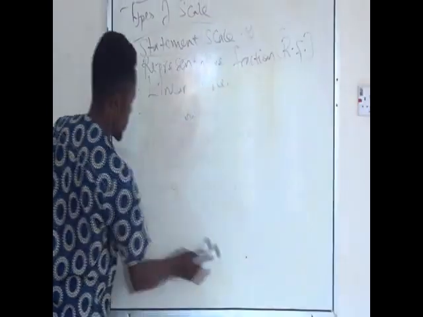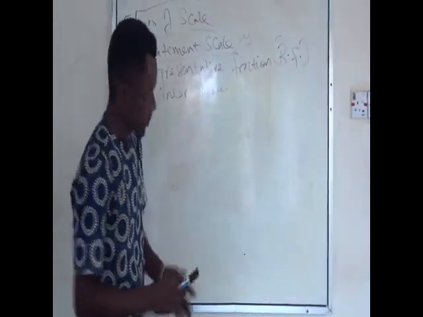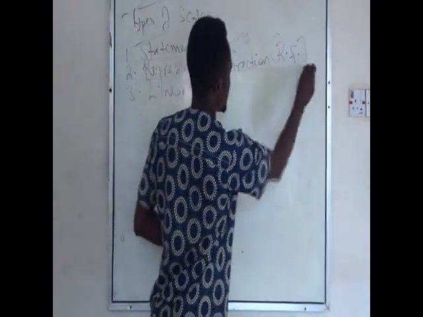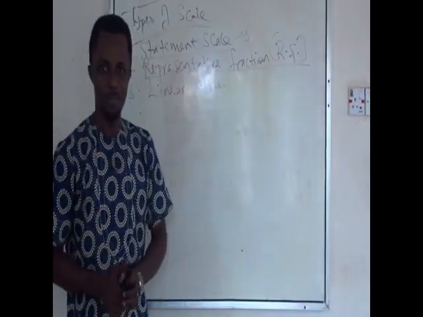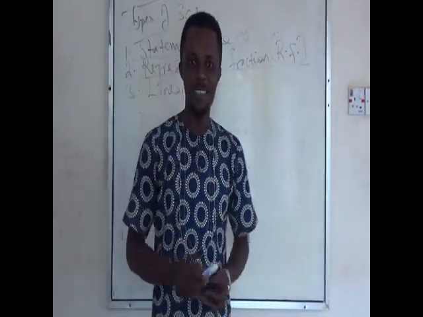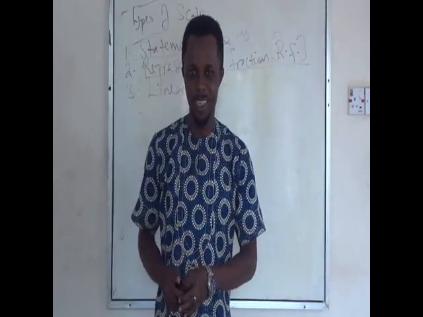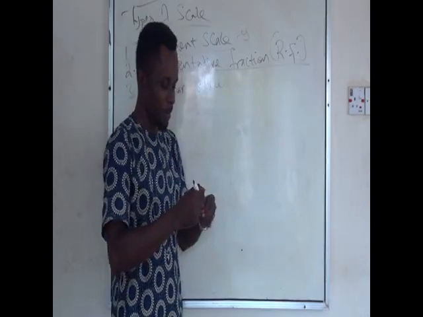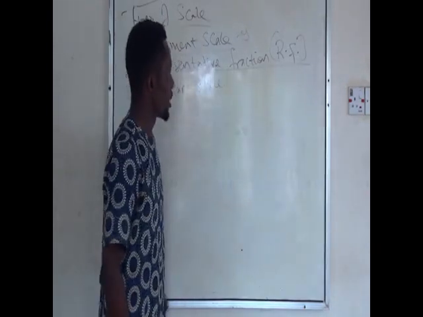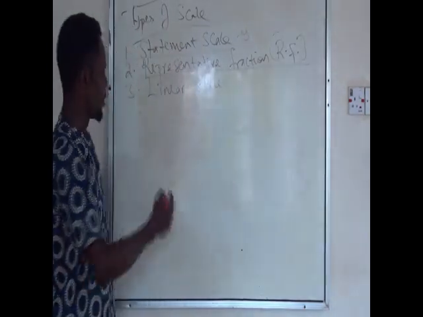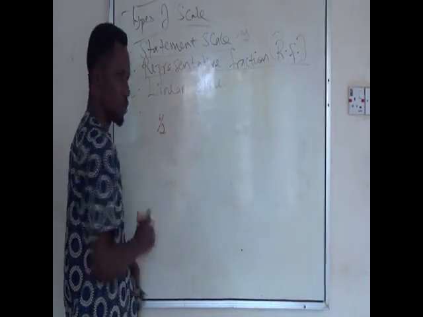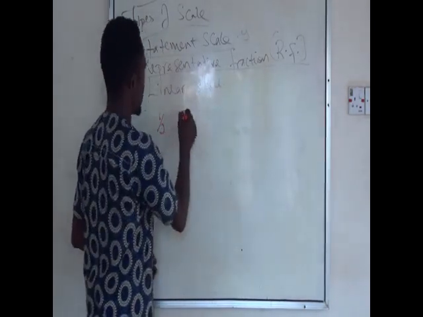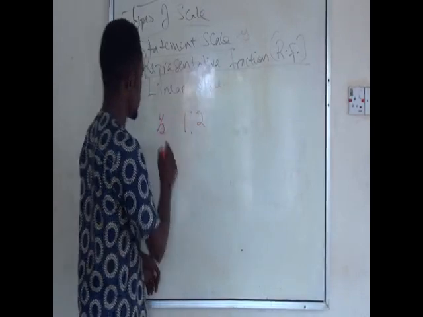We look at number 2. Representative fraction. I'm sure in elementary mathematics you were taught fraction and ratio. Good, this is the time to use it. Before we look at what representative fraction is, what is a fraction by the way? You see, you have something like this, 1 over 2. 1 ratio 2. This is a fraction.